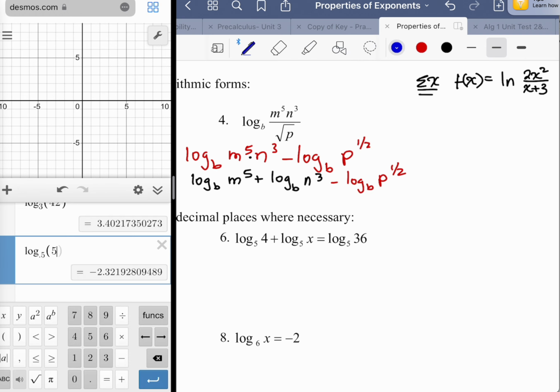And then the last step here would be to take all of these powers and make them coefficients by applying the power rule. Just 3 times. All right, so 5 log base b of m plus 3 log base b of n minus 1/2 log base b of p.